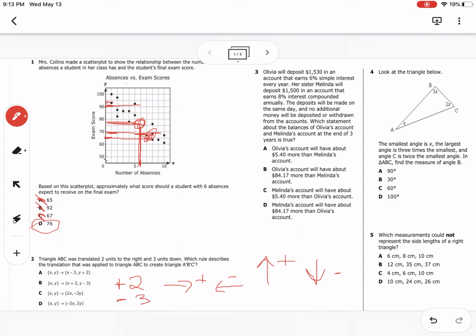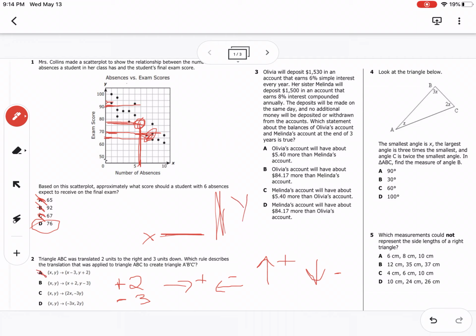Looking at our answer choices, for A, x negative 3 and y positive 2, we would think that could possibly be correct, but no, that is wrong because our 2 needs to come first. Our 2 is going to be the x because we're moving along the x-axis. Whenever we move along the x-axis, it's going to be this way. Whenever we move along the y-axis, it's going to be up and down.